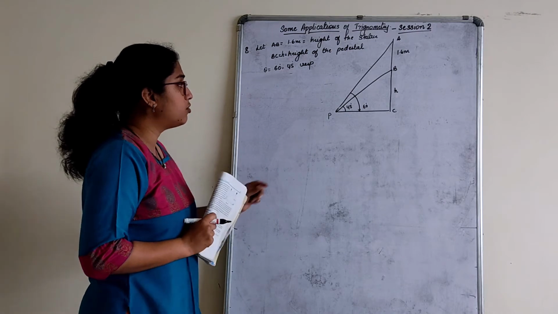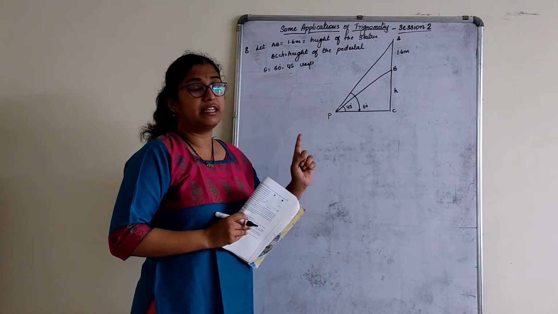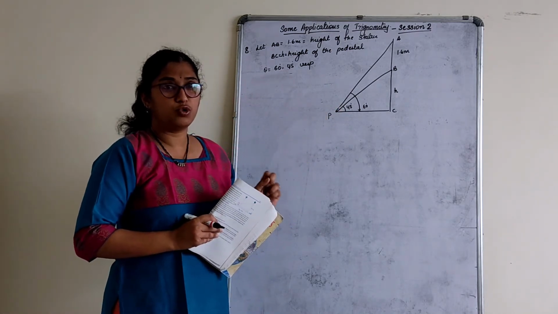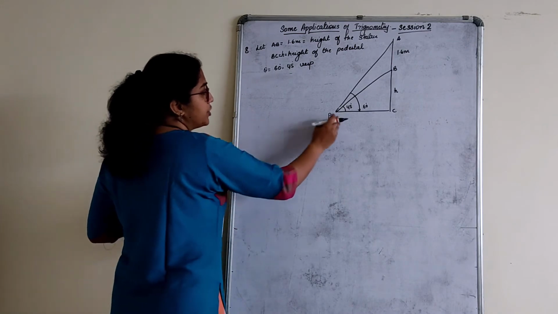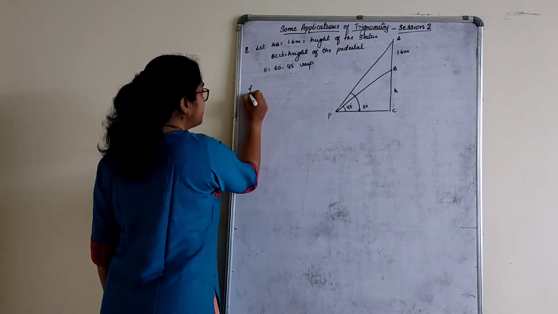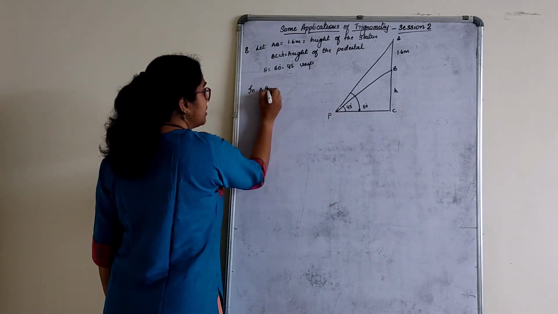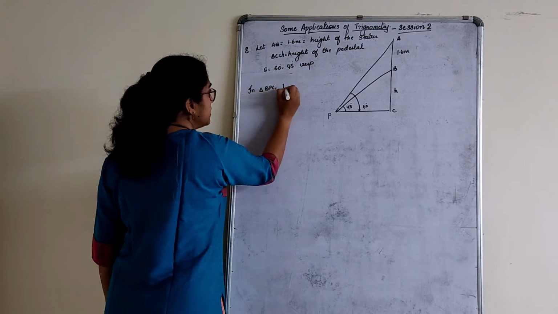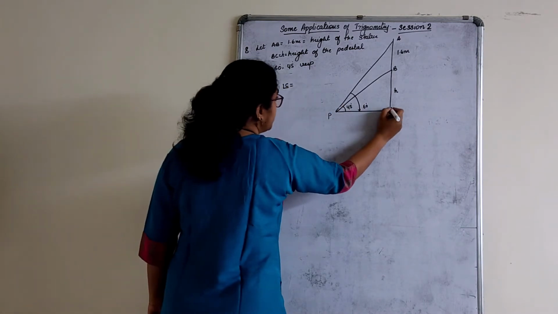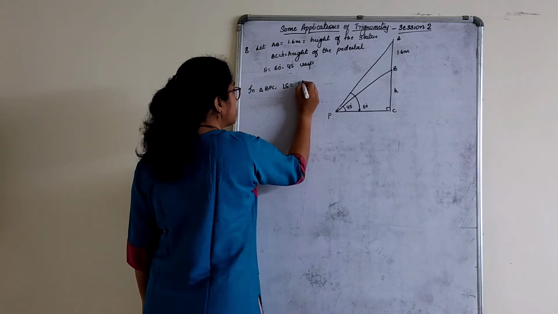As I had already told you all, wherever 45 degree comes, that triangle we are supposed to choose first. So which is the triangle which has 45 here? In triangle BPC, angle C is equal to 90 degree.